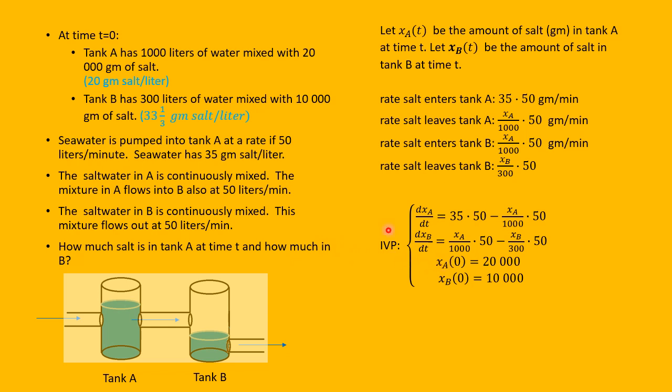At time 0, we had some initial conditions. The amount of salt in tank A was 20,000 grams, and the amount of salt in tank B at time 0 was 10,000 grams.